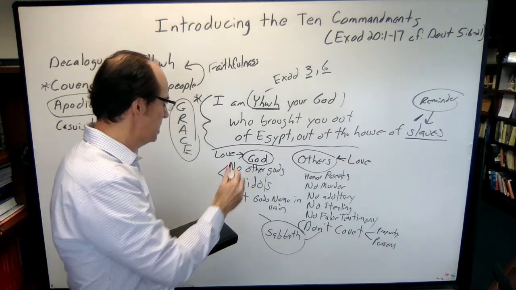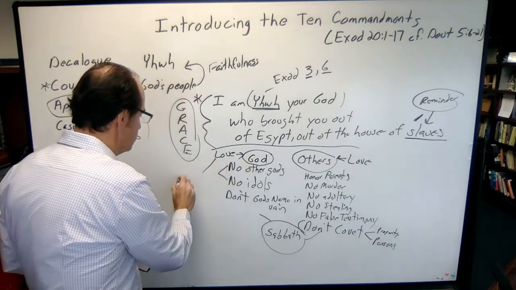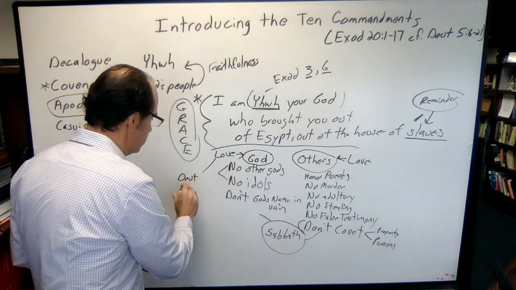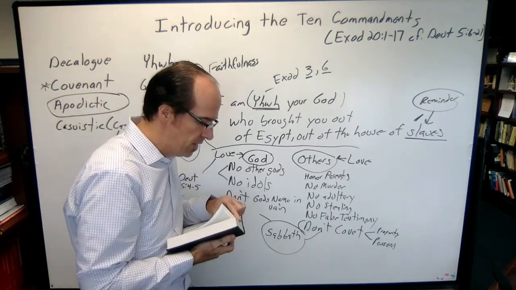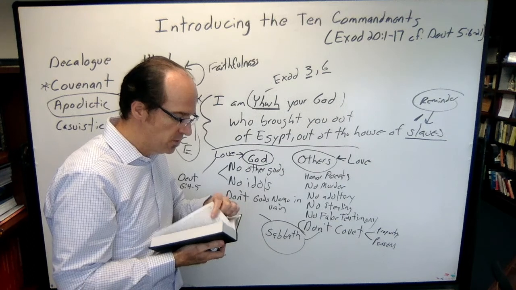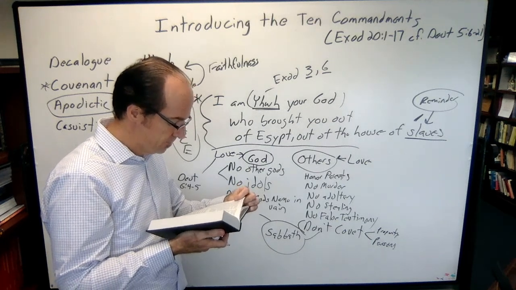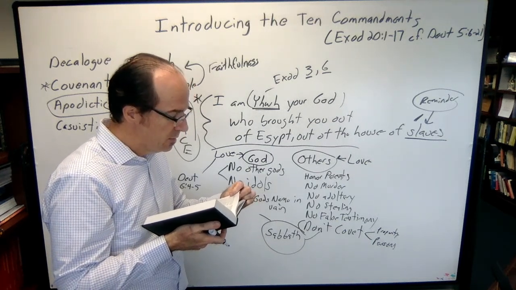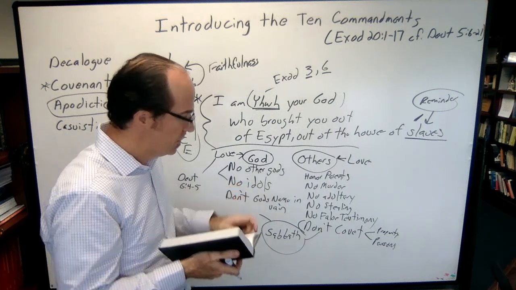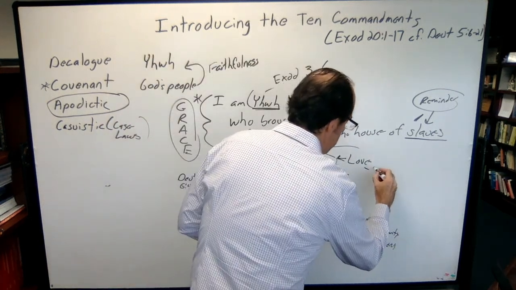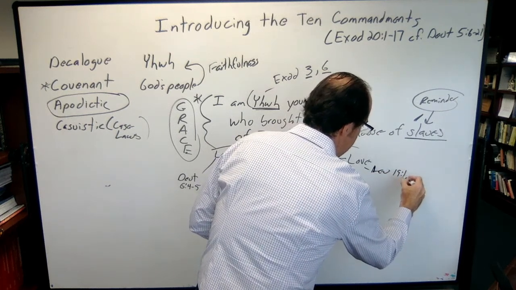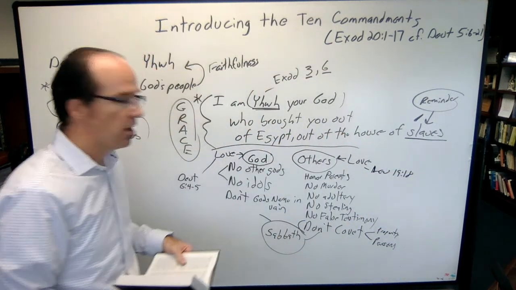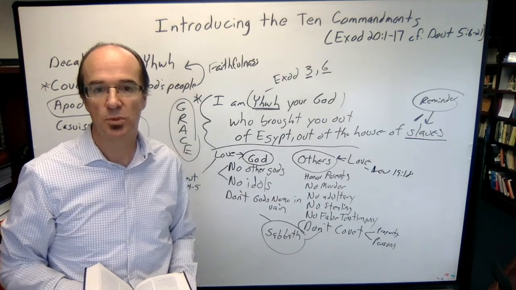So, where does it say to love God? You can use Deuteronomy 6:4-5 to frame that out. And then, where does it say to love our neighbor? That one comes out of Leviticus 19:18. And then Jesus talks about these in the Gospels.